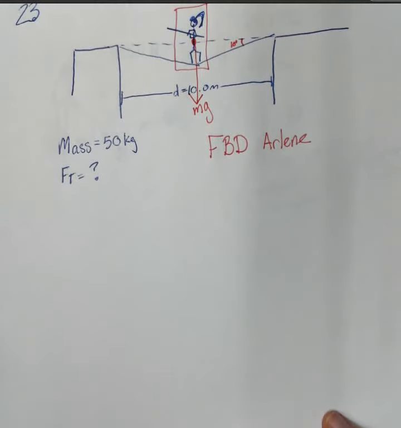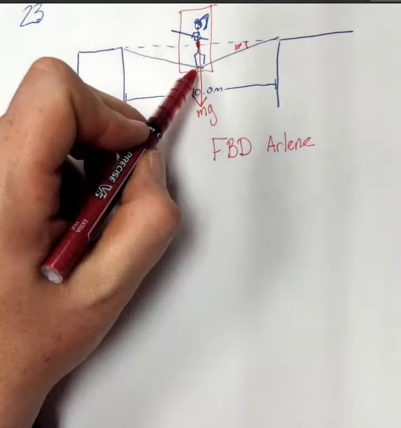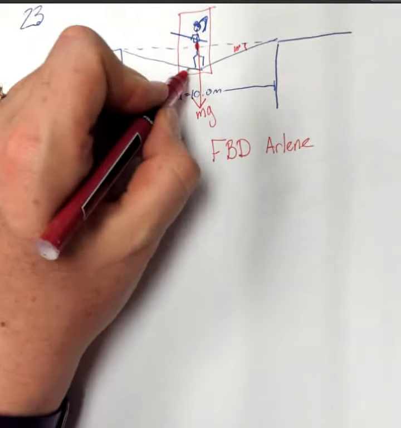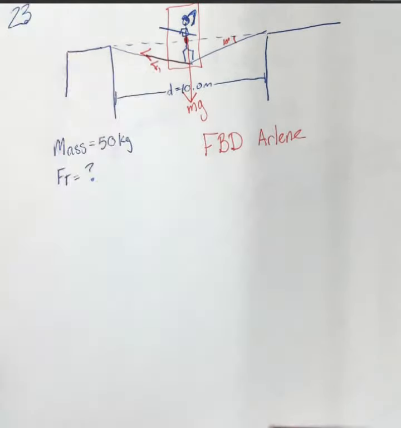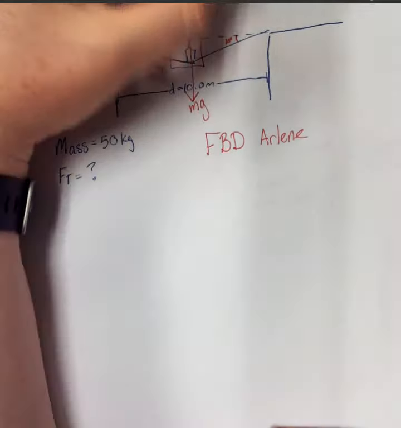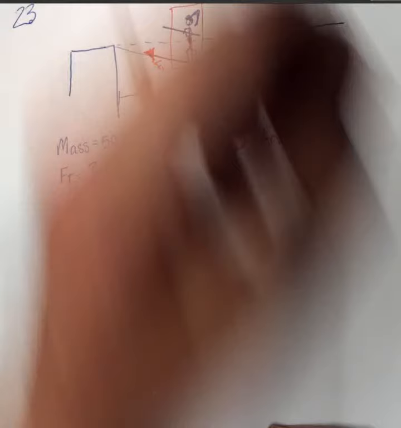Additionally, we know that Arlene is at the midpoint and that she is being held at the midpoint by one rope pulling on her in 2 different directions, which means that the force of tension on this side is holding her up against gravity, and the force of tension on this side is also holding her up against gravity.